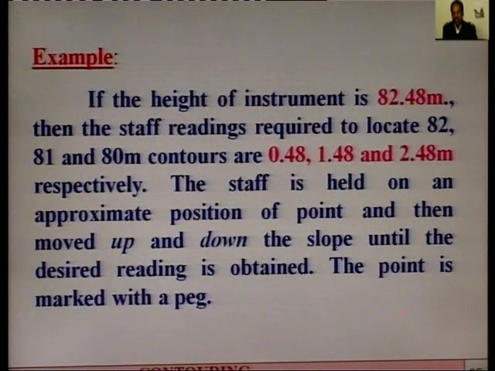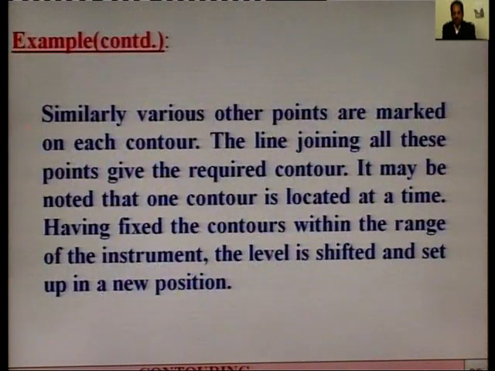In this way we find the points which show the required readings. Similarly, various other points are marked on each contour. For the 80 meter, 81 meter and 82 meter contours, we find a number of such points by moving the staff up or down. The line joining all these points gives the required contour.